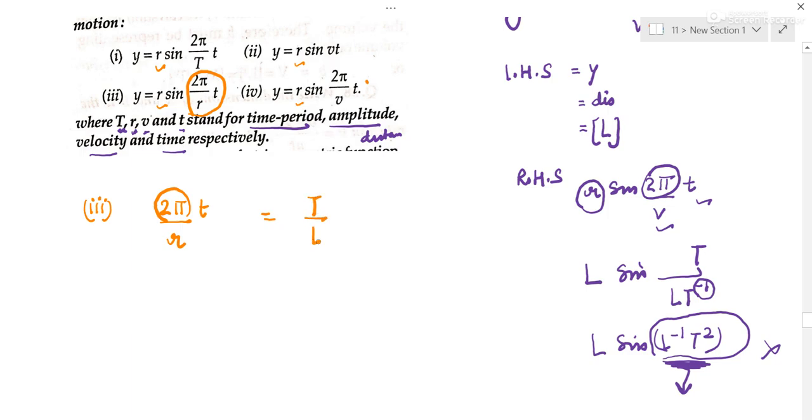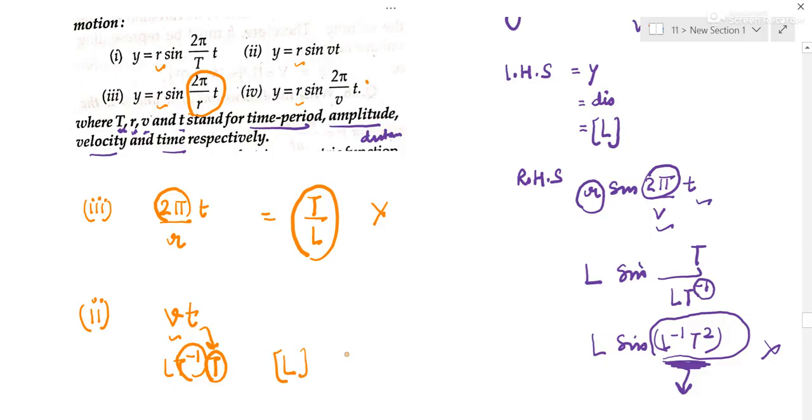Time is this. So this is not coming dimensionless. So third is also wrong. Let us check second. Second is Vt. V into t. V for velocity, LT minus 1. This is t. And t is time period, powers will be added. So it will be cancelled. It is coming L. So this is also wrong.